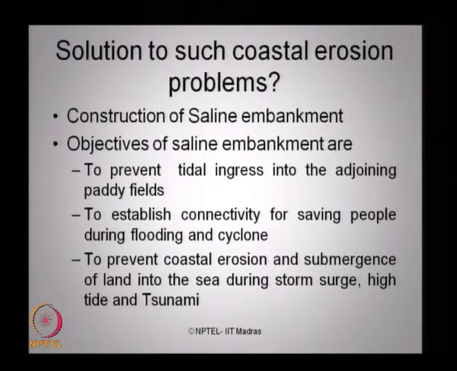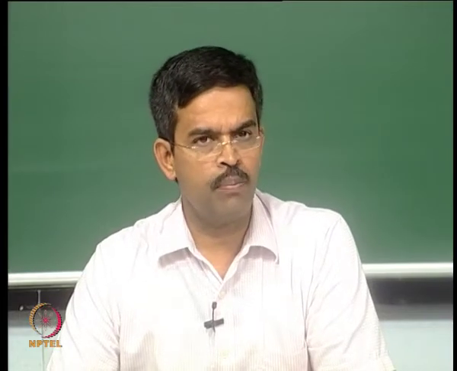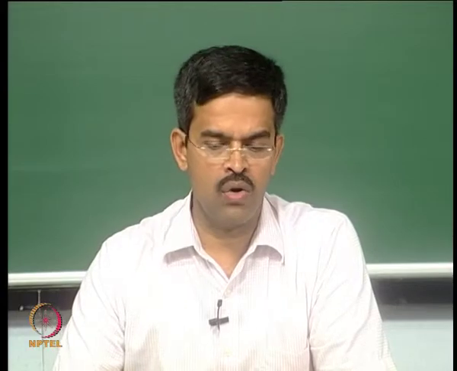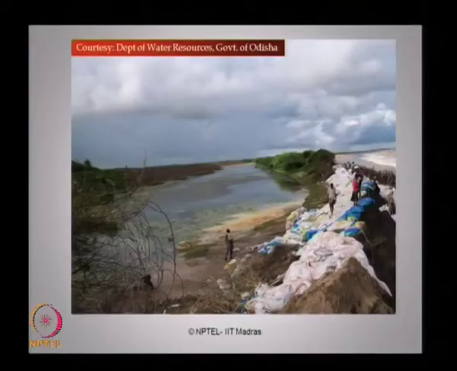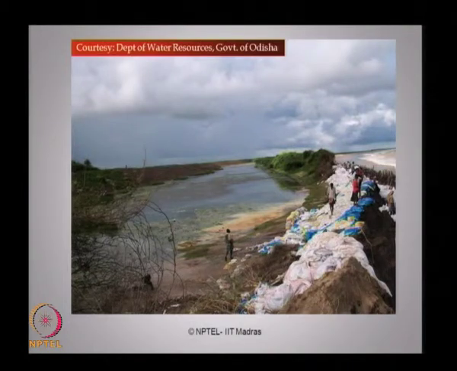So, there are many objectives of construction of saline embankments, which are generally constructed along the length of the coastline to protect essentially the offland from coastal erosion. Ladies and gentlemen, now I will show you a series of pictures taken from the site where coastal erosion has become one of the major problems in Odisha.